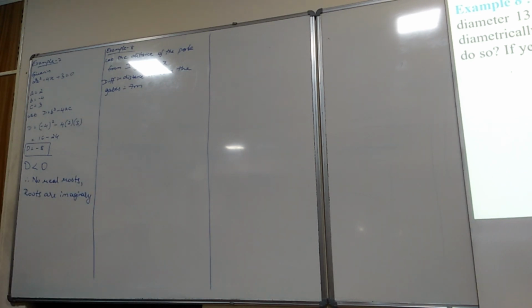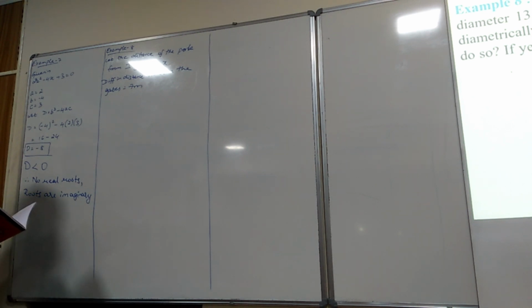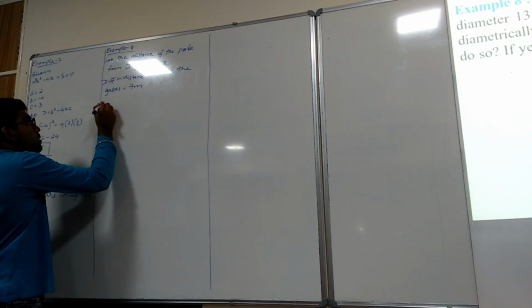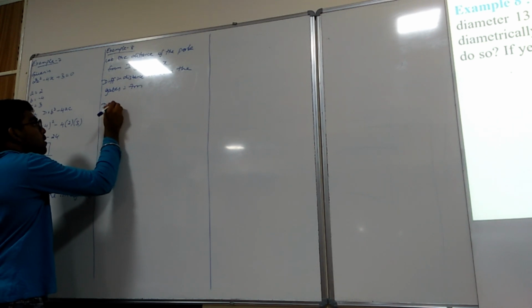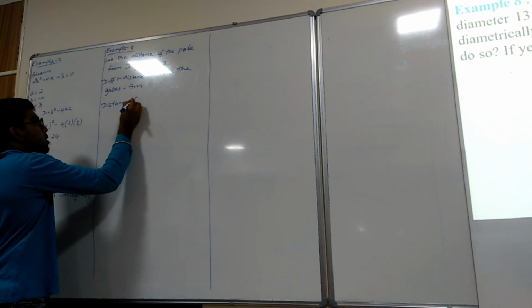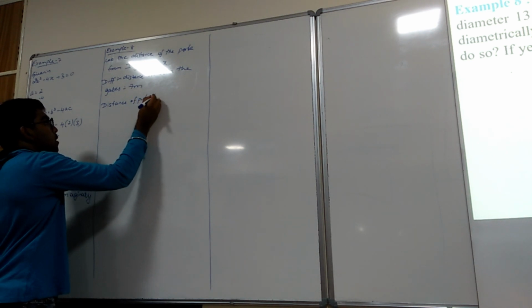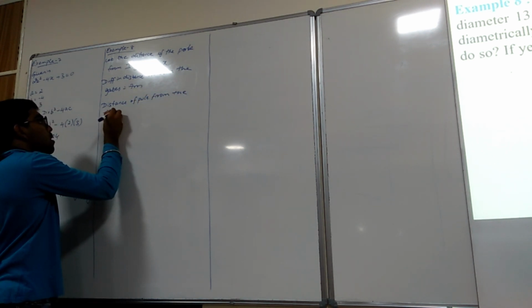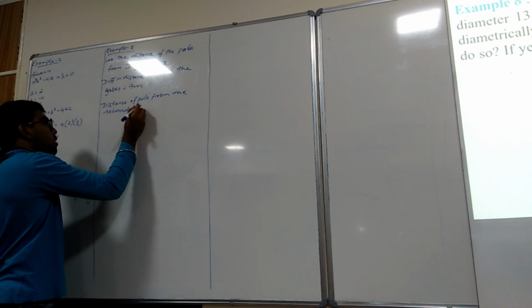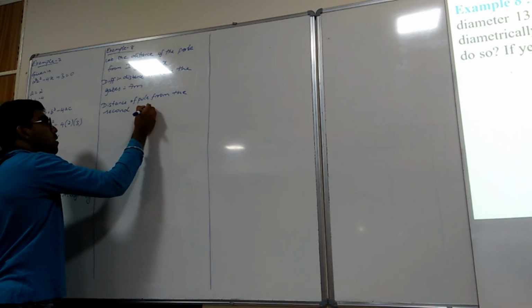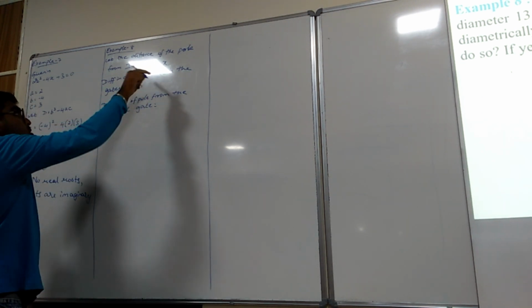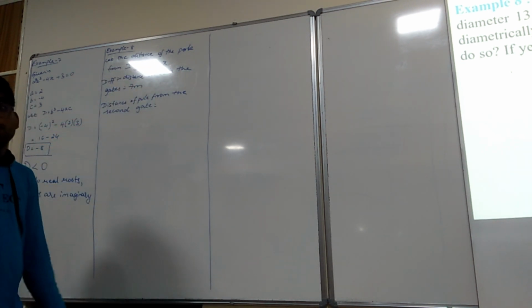Next, the distance of the pole from the second gate will be what? You know the distance from the first gate and the difference between them.